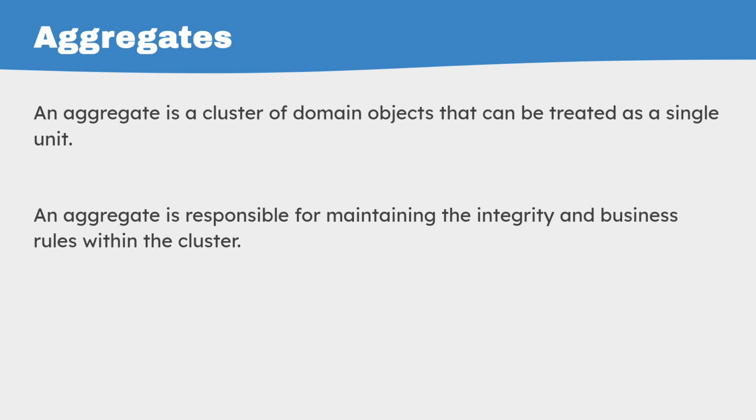And such an aggregate is responsible for maintaining the integrity and the business rules within that cluster. So a recipe is also responsible for its ingredients and the relation between the other properties. So we can say that the published property of the recipe aggregate and the ingredients property of the recipe aggregate have to be checked together by this aggregate to maintain this business rule.